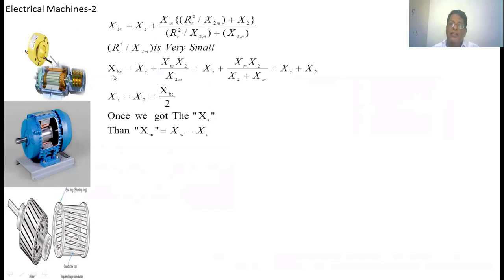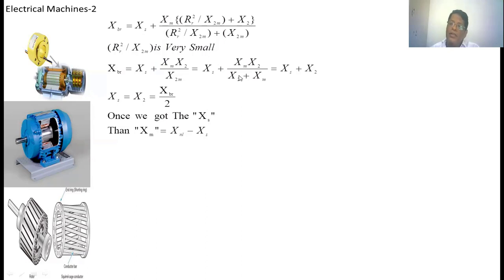So finally, we are getting XBR equal to XS plus XM into X2 by X2M, where X2M equals X2 plus XM. So this is equal to XS plus XM into X2 by X2 plus XM. See here, the magnetization reactance is far, far greater than the leakage reactance of the rotor winding of the induction motor, which is X2.